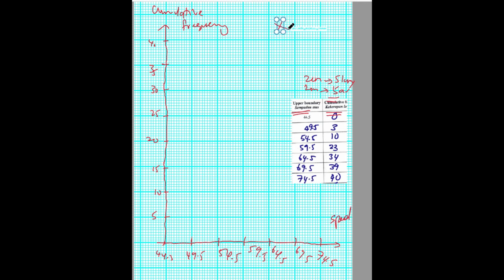For the x axis, 5 km per hour is 2 cm, which means 1 cm represents 2.5. It is the same with the y axis.